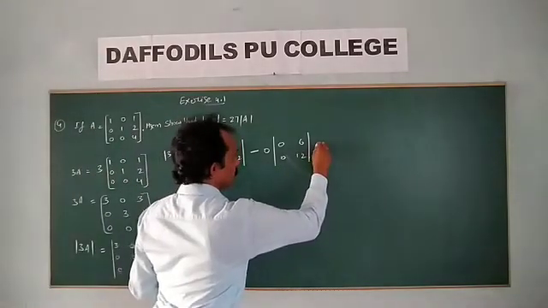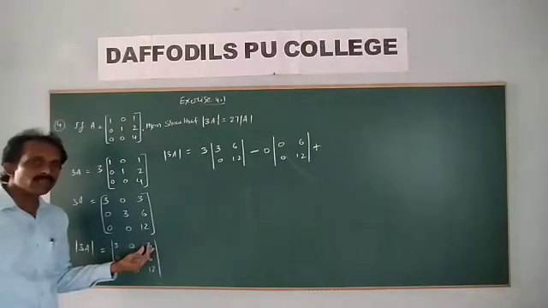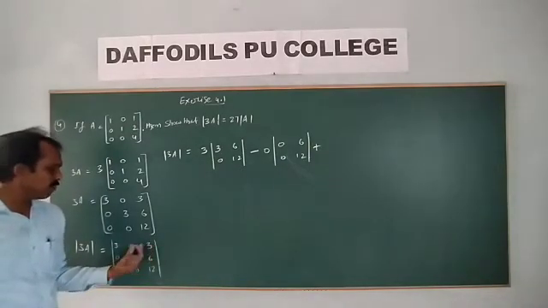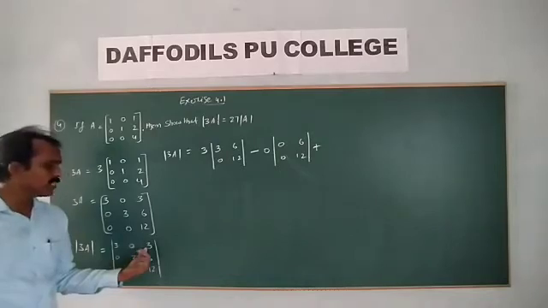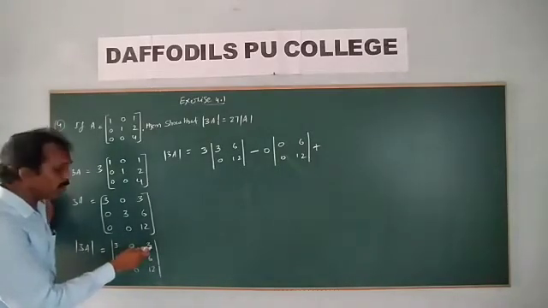Next, plus. Why plus? This is a13, the element in the first row, third column. (-1) to the power of 1 plus 3 means an even number, and even is plus.